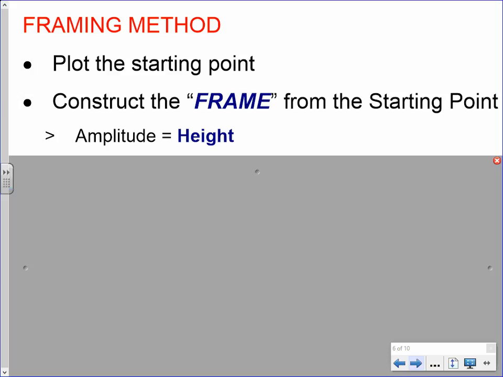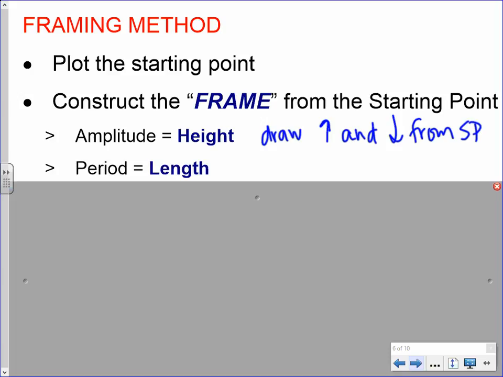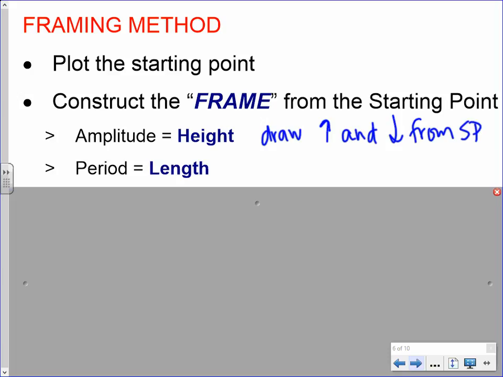So you're going to draw your amplitude up and down from the starting point. If your amplitude is 2, from the starting point you'll go up 2 and down 2, so your total height is 4. The period is referring to the length, so from the starting point you'll draw the length of that period over.